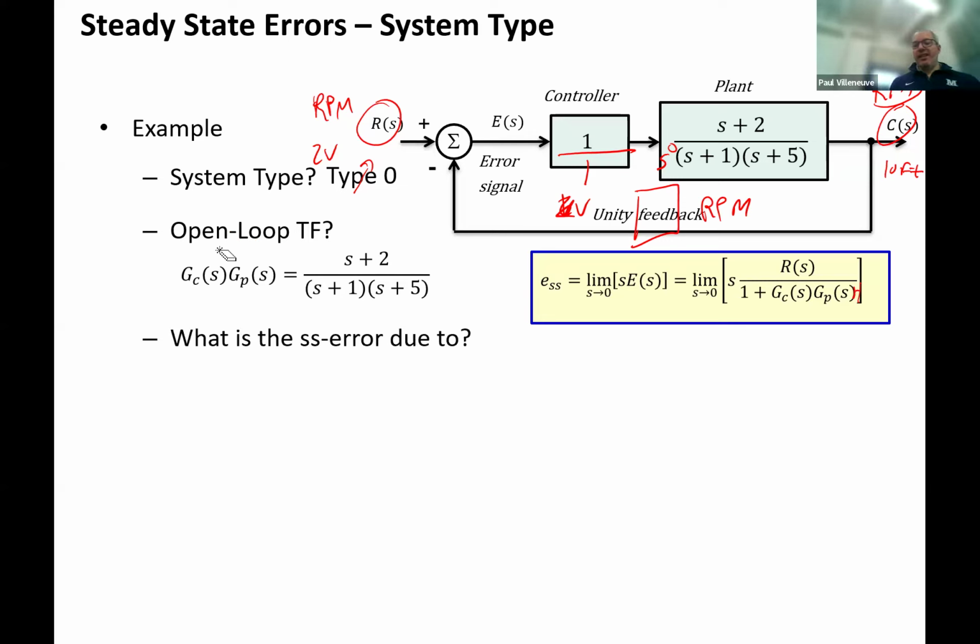Now, what does the steady state error do to a step input? Without even doing the calculations, can you tell me for a type 0 system what would be the steady state error? What was the previous calculation that we did?